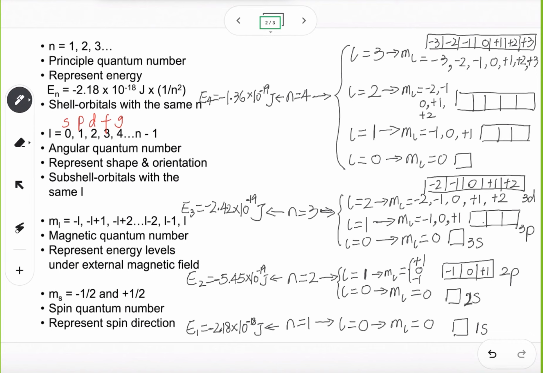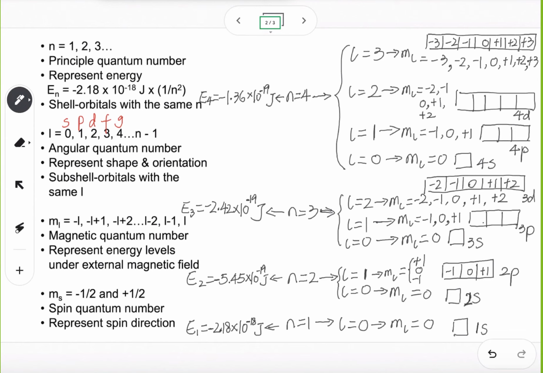Now when N equals 4, of course, the first one would be 4s, and then 4p. And then this is going to be 4d, those 5 empty boxes.